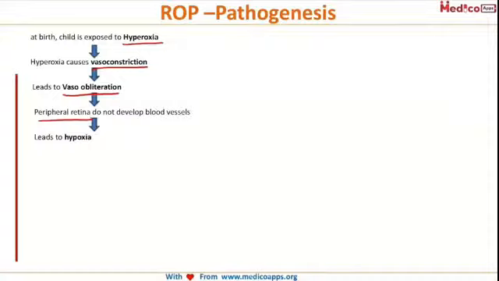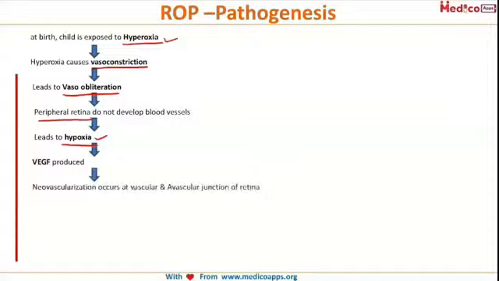This in turn leads to hypoxia. Please note, this hyperoxia is ultimately leading to hypoxia, and we have seen that hypoxia always results in the release of vascular endothelial growth factors causing neovascularization.